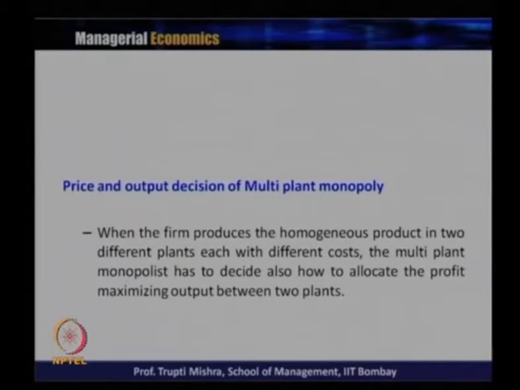In case of monopoly it is not the P equals MC rule; the price is always greater than the marginal cost, whereas in a perfectly competitive firm it is always P equals MC, which leaves no scope to maximize profit for the individual firm. Since the supply curve is absent, it is the demand and MC curves that play a greater role in the price and output decision of the monopolist firm.